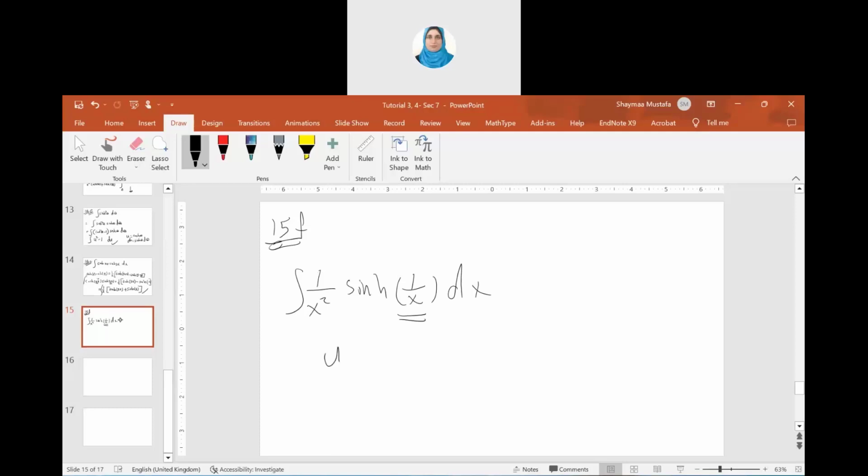This one is direct substitution. Take u equal to 1 over x, then du will be minus 1 over x squared dx. So this one will be the integral of minus sine u du. That's all.